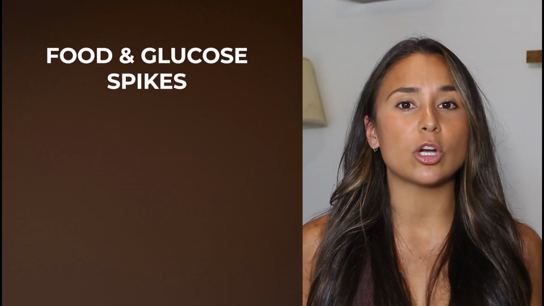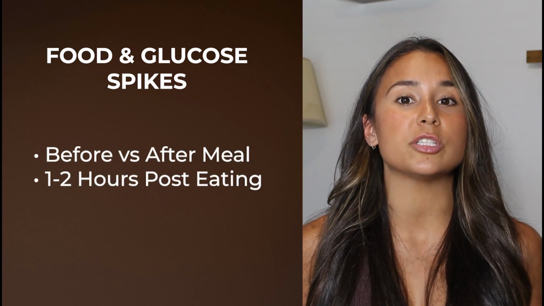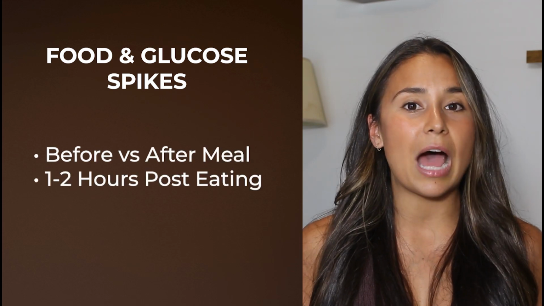Are you getting a really large excursion from before the meal to postprandial, which is about an hour to 2 hours after eating? And how are other types of lifestyle habits, maybe things like sauna or ice bath or taking a hot shower, impacting your glucose control? That's really where we can pick up on some insights to personalize and individualize your diet even further to be able to improve your overall metabolic health.